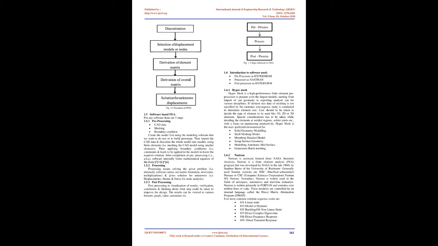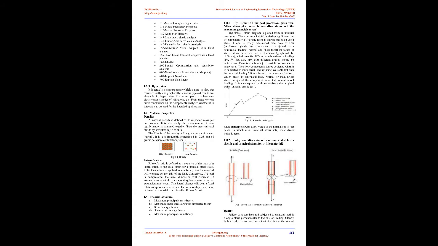Then import the CAD data and discretize the whole model into smaller parts using finite elements, i.e., meshing the CAD model using smaller elements. Then apply boundary conditions, i.e., constraints and loads to be applied to the model, to know the required solution. After completion of pre-processing, i.e., ABC, the software internally forms a mathematical equation of the form F equals K times D.